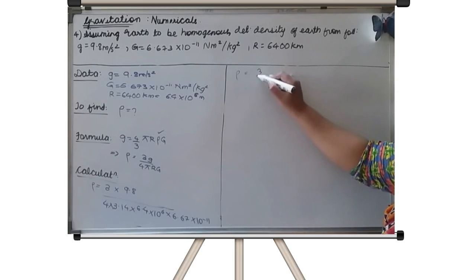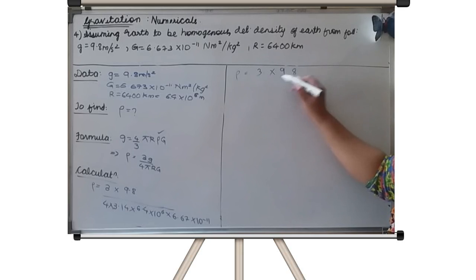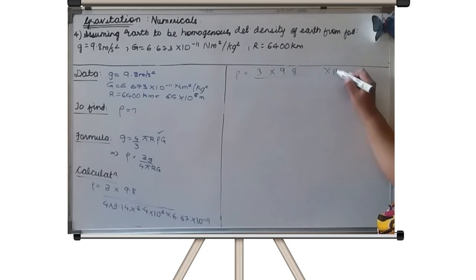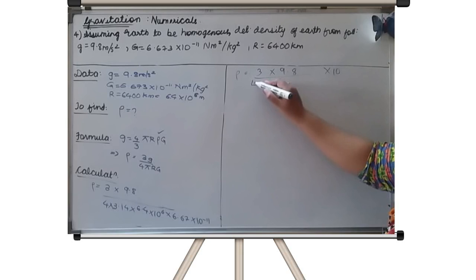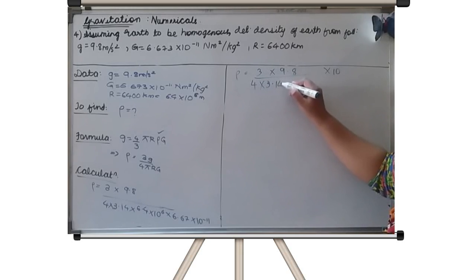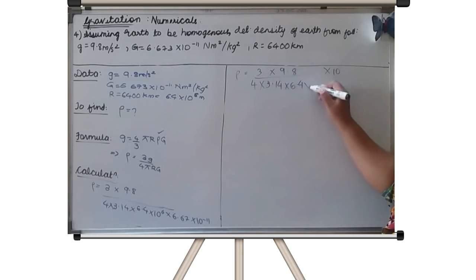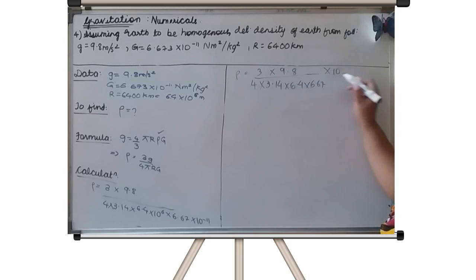Rho is equal to 3 into 9.8 upon 4 into 3.14 into 6.4 into 6.67, with 10 raised to minus 6 plus 11, so that becomes 10 raised to 5.